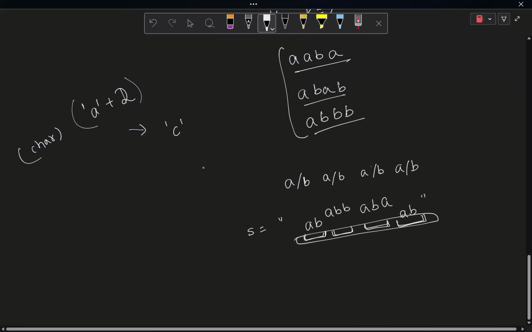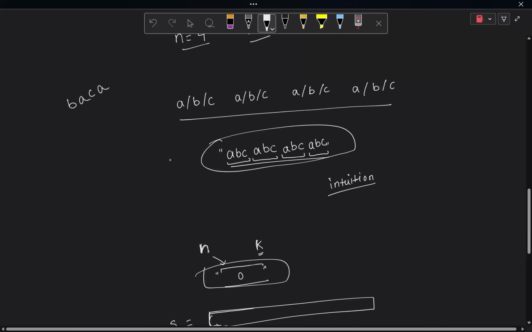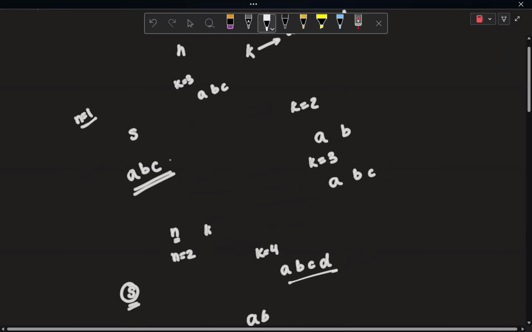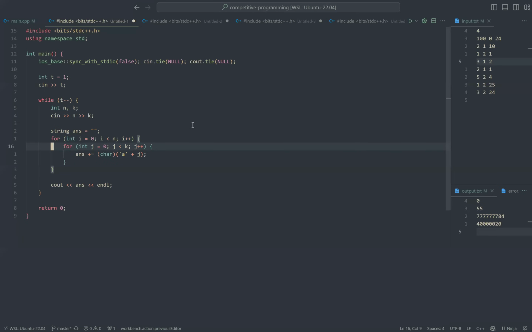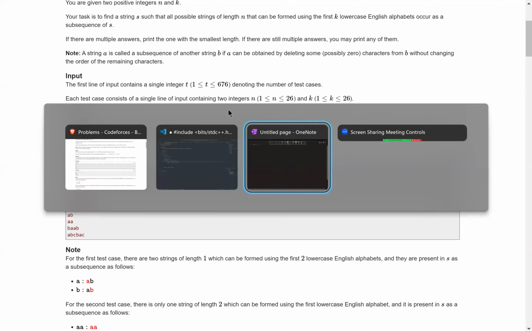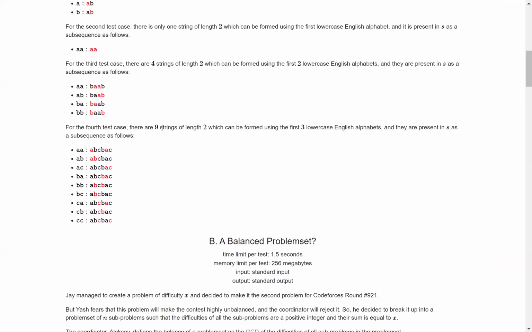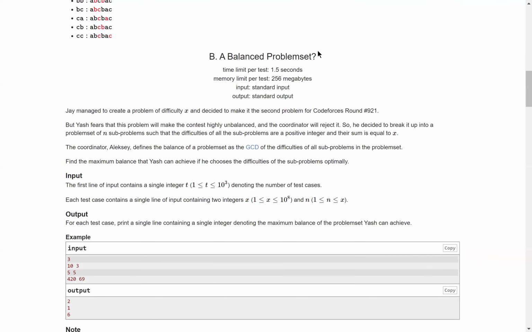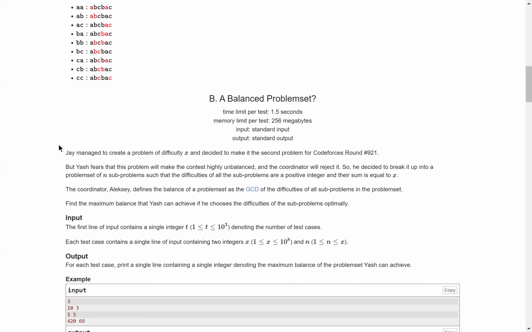Okay, so let's move on to the second problem. I hope that this one is clear now. This is the second problem, a balanced problem set. In the problem, we have been told that Yash managed to create a problem of difficulty X, like this is some story.